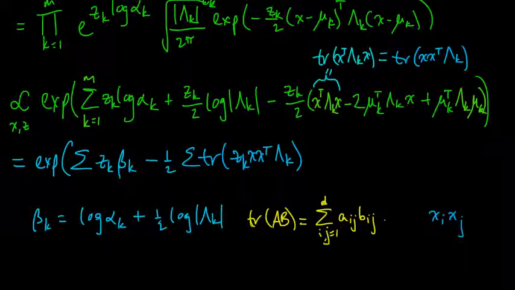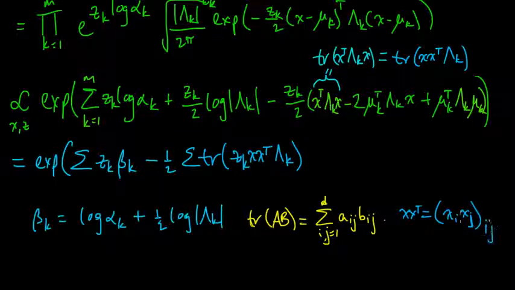All right, we are deep in the heart of this calculation, and I just wanted to point out, to make it perfectly clear, that x x transpose is the matrix where the ijth entry is xi times xj, where x is the vector x1 up to xd.